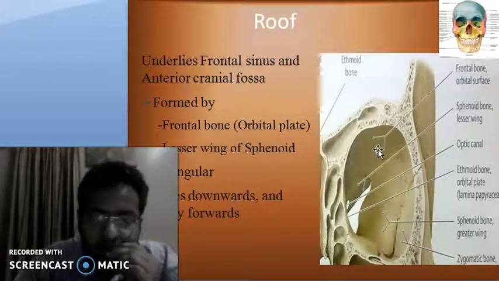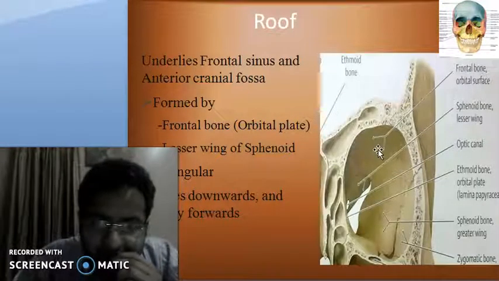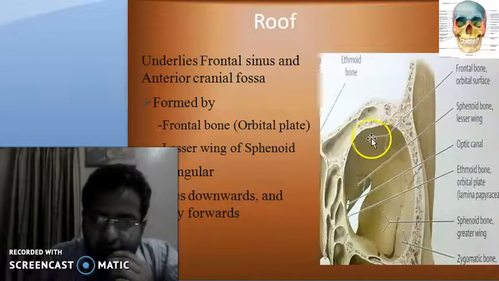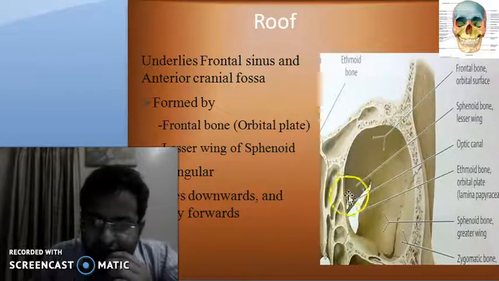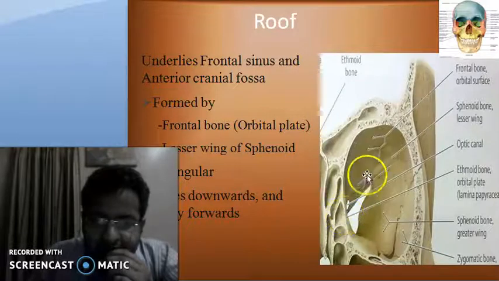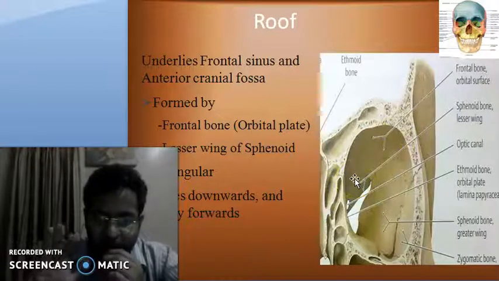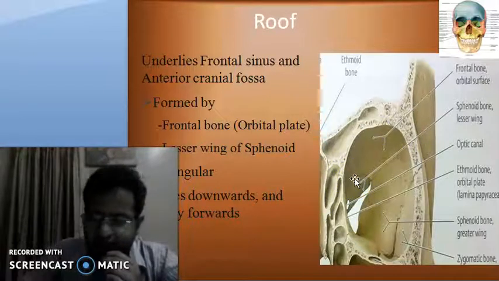The roof of the orbit underlies the frontal sinus and the anterior cranial fossa. It is formed by the orbital plate of the frontal bone and the lesser wing of the sphenoid. It is also triangular in shape. It faces downwards and slightly forwards.